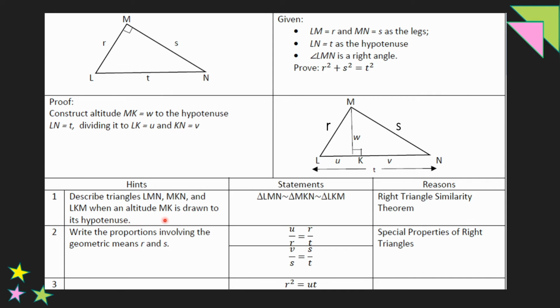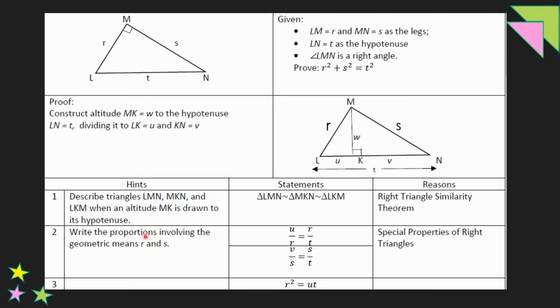Describe triangles LMN, MKN, and LKM when an altitude MK is drawn to its hypotenuse. We can say that the three triangles are similar. Take note of this symbol; it means similar. The reason is the right triangle similarity theorem.